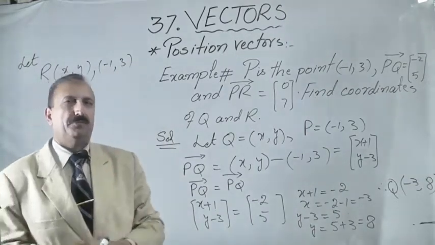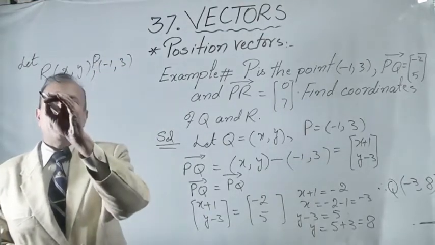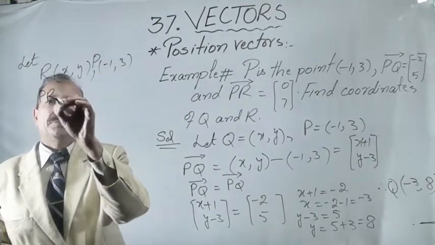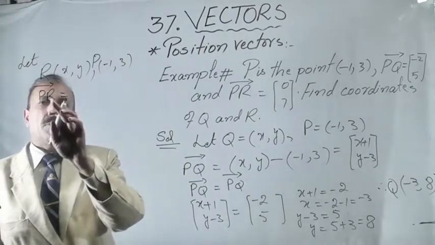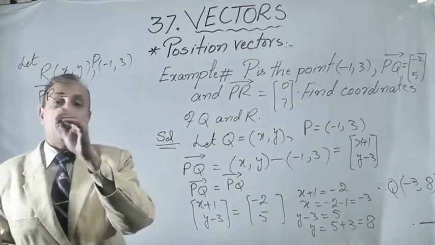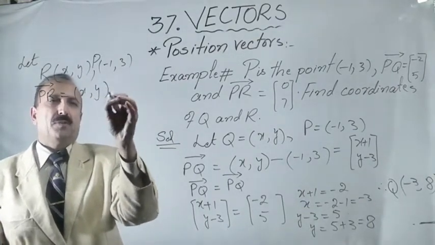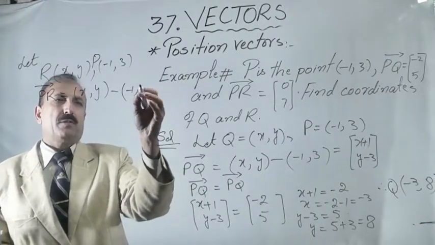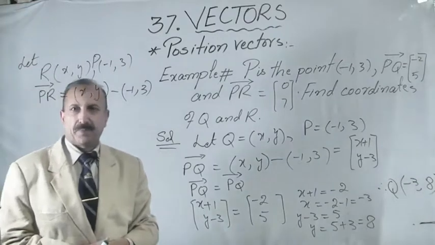In the same way, here is point P. Let's find vector PR. We will write the coordinates of the point at the head of this vector first. This is x and y minus coordinates of point P, that's minus 1 and 3.